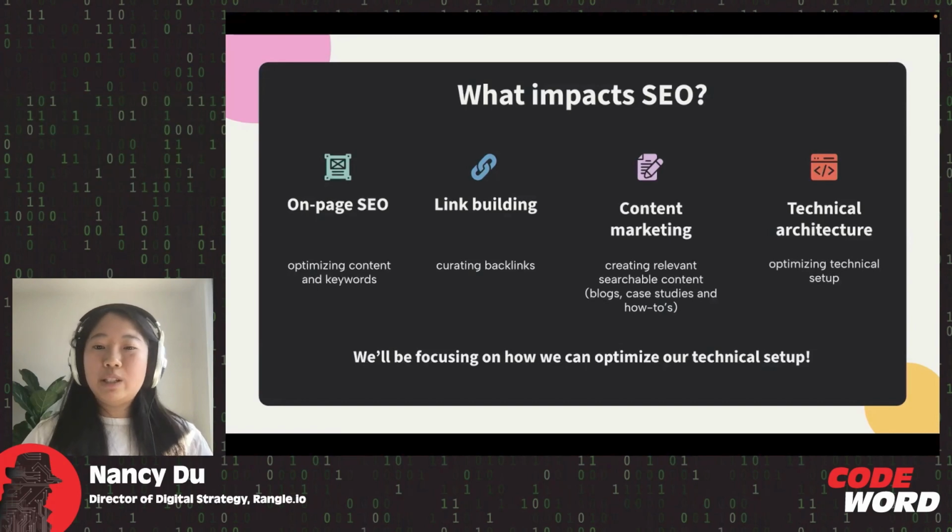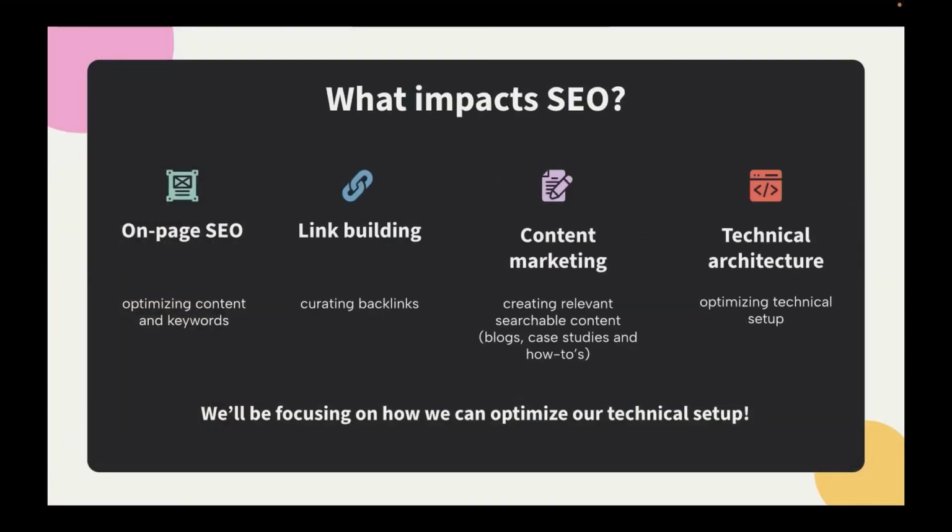The third, which tends to be one of the most important, is content marketing, and what kind of content you're actually putting on your site. This is creating relevant and searchable content that the type of user you're trying to attract is likely to search for.